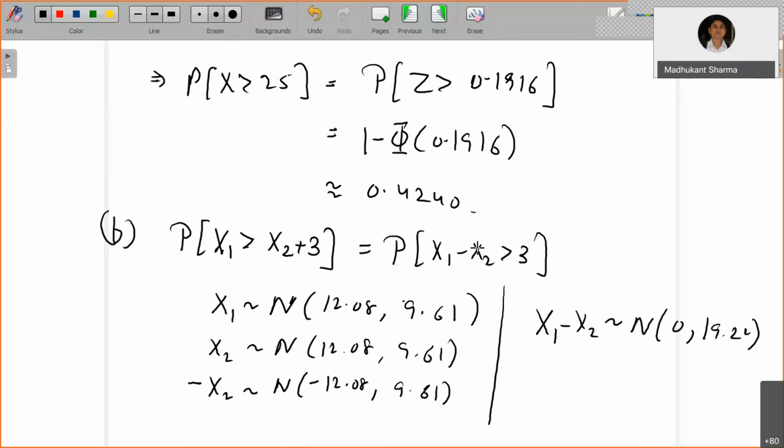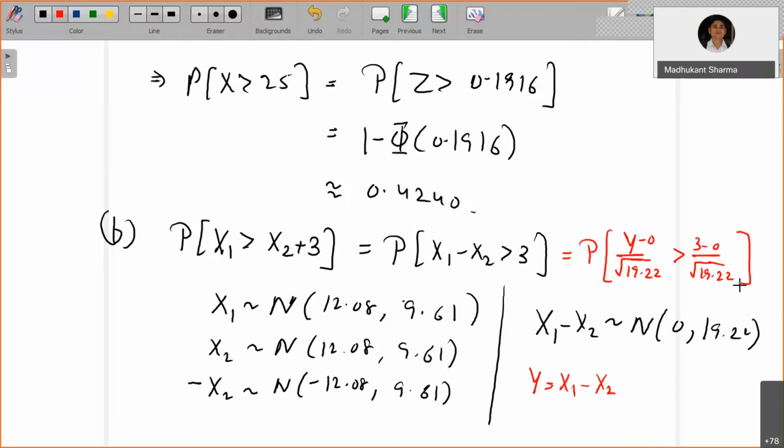If I denote this as y, let us denote y equals x1 minus x2. Use the conversion of normal to standard normal variate. So that's going to be the probability of y minus 0 divided by the square root of 19.22 greater than 3 minus 0 divided by the square root of 19.22.